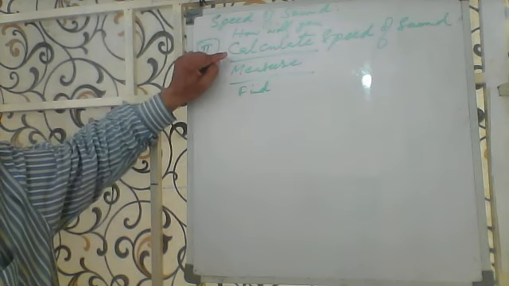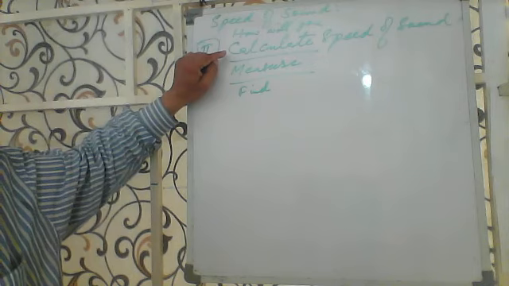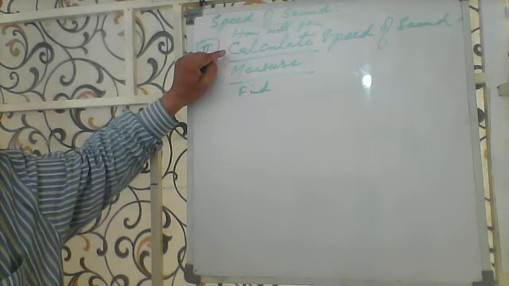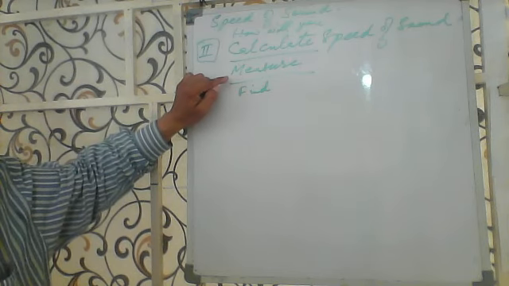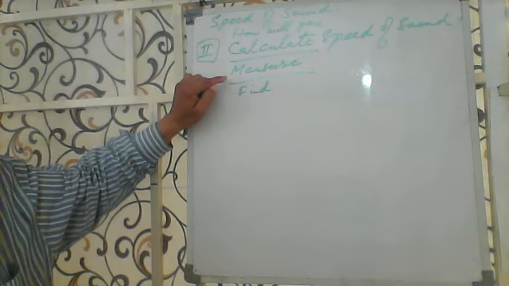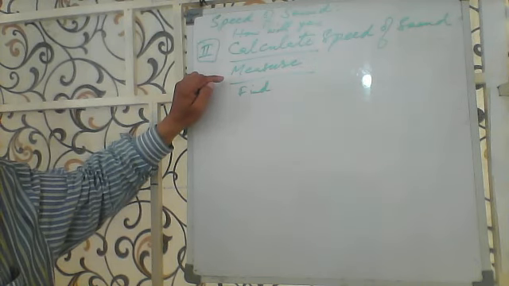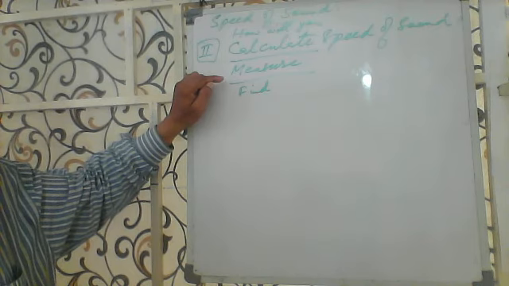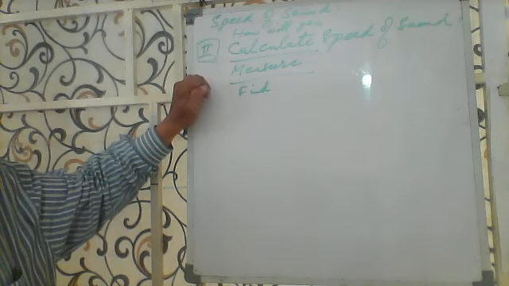But in case of the word calculate, we calculate anything by using a formula, and we measure anything using some instrument. Okay, if I say that calculate the distance from point A to point B, then you will use a formula.